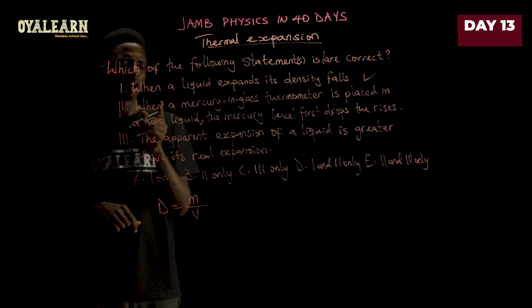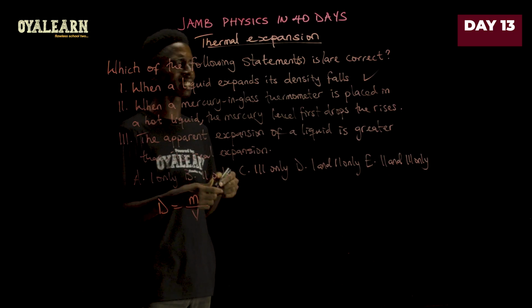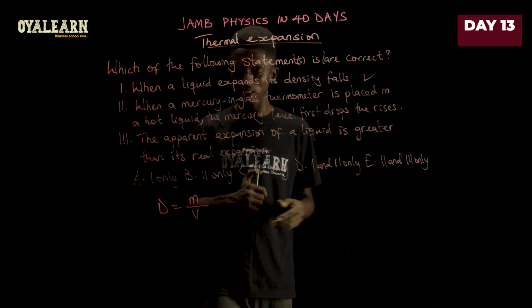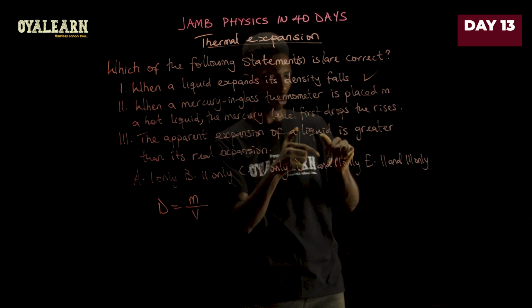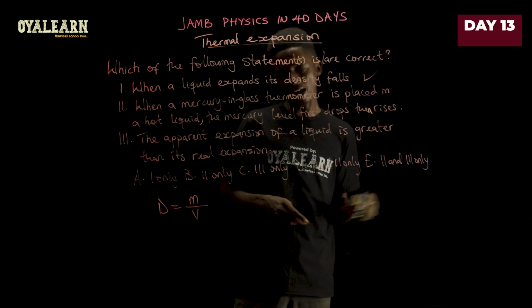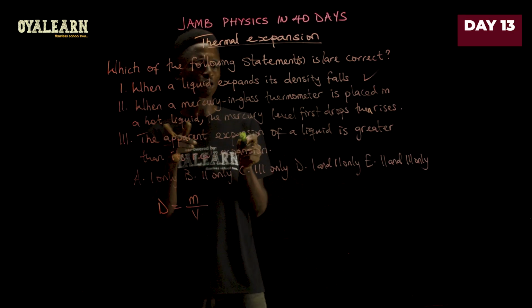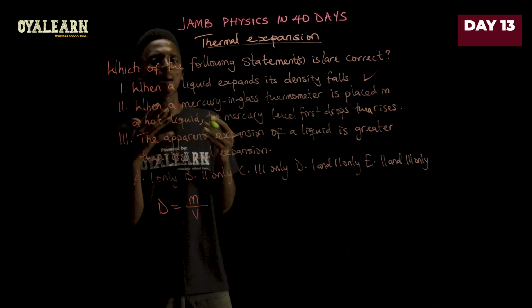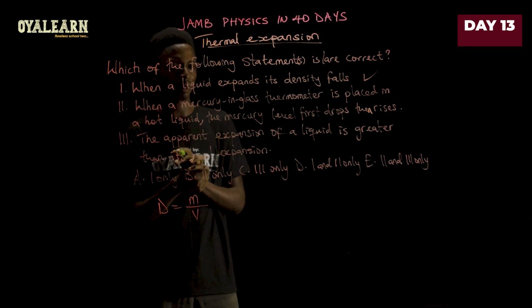Secondly, here we have, when a mercury in glass thermometer is placed in a hot liquid, the mercury level first drops, then rises. Okay, and this is also true because of what we call apparent expansion, right?